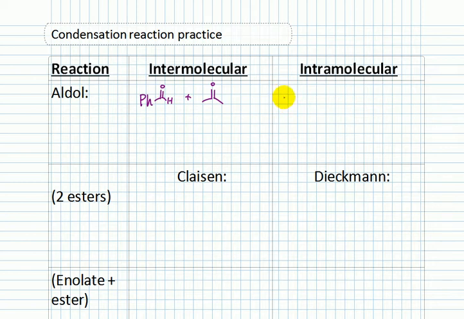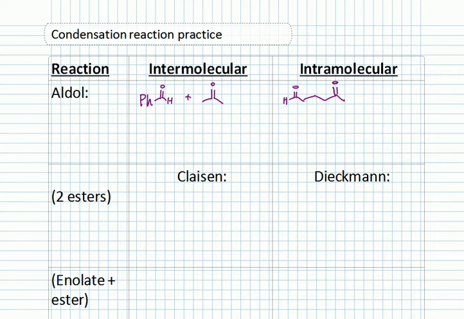So let's start with an aldehyde on one side, and then 1, 2, 3, 4, 5, 6. I'm going to make 6 carbons. And 1, 2, 3, 4, 5. The carbonyls are 1,5 to each other. You should be able to identify where an alpha carbon is 5 or 6 away from a carbonyl.